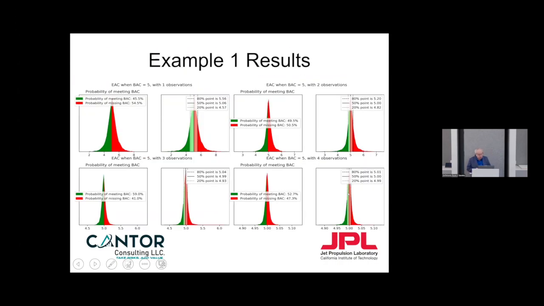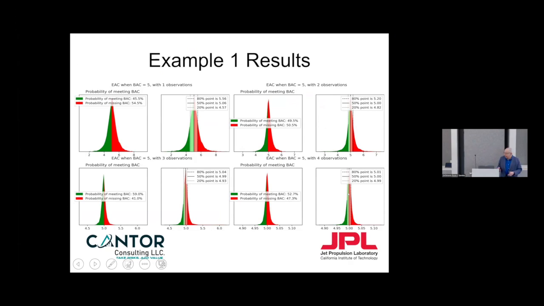Okay, so then what you get is the two views. What I show here is what happens at 1 observation, 2 observations, 3 observations, and the 4th observation. And what you notice is that the probability distribution gets narrower and narrower, because as you proceed, you're removing uncertainty because you spent the money and you're on track.